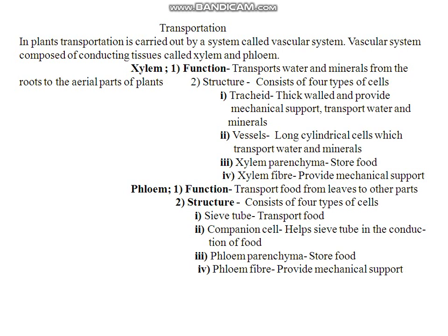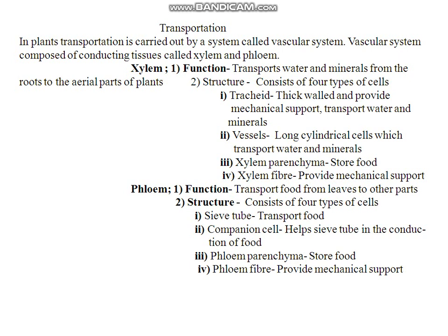Now, what is transportation? Transportation means transferring of materials from one part to another part of the plant body. Now, the question is, what things are to be transported in plants? The materials to be transported are water, minerals and food.